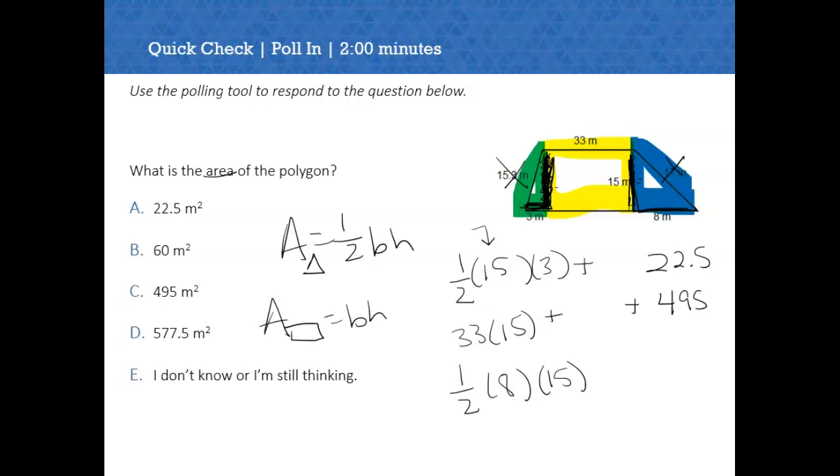And then 1/2 times 8 times 15 is 60. So when I add these together, I get 577.5. It's meters squared because we're talking about area. Meters times meters is meters squared, so it's important to have a unit squared here.